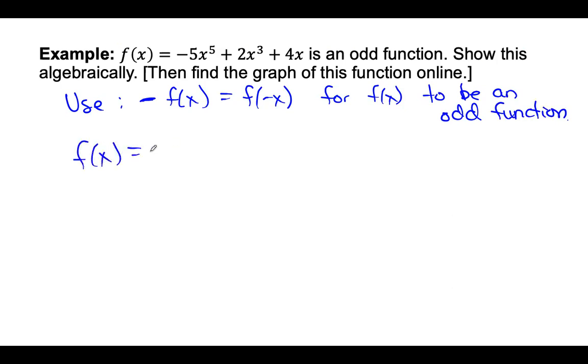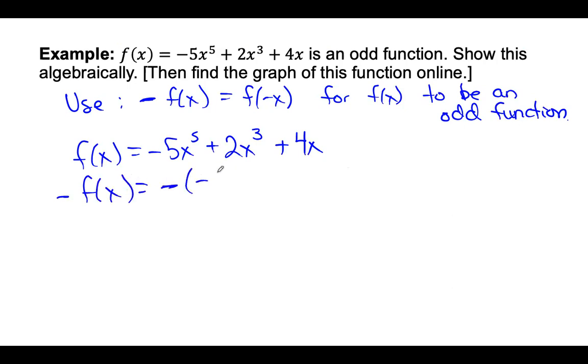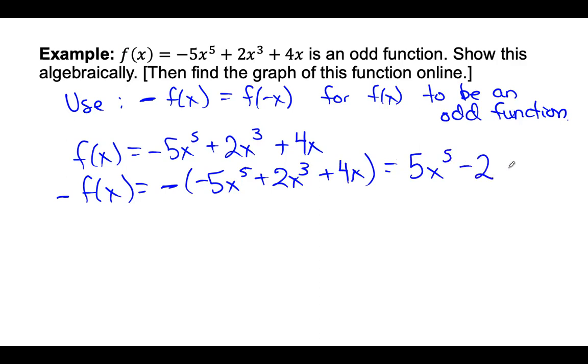F of x equals 5x to the power 5 plus 2x to the power 3 plus 4x. A negative out front. Negative and negative make a positive. Distribute that negative in.